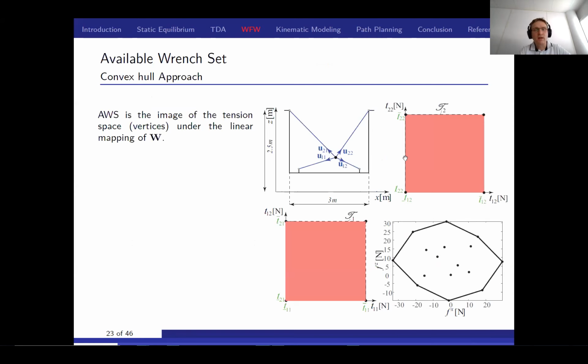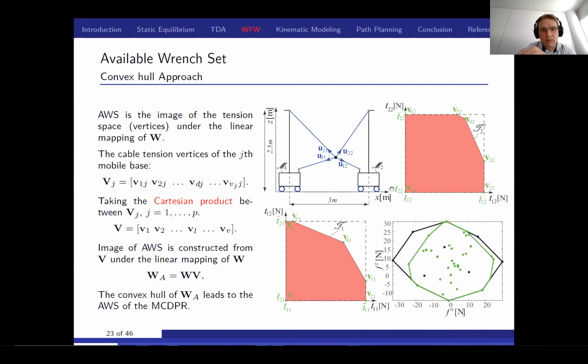Darwin presented different approaches to analyze the workspace of CDPR. Here we first used the straightforward approach, which is a convex hull approach, in order to determine the available range set of MCDPR.